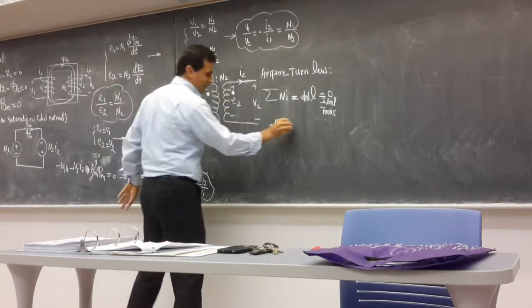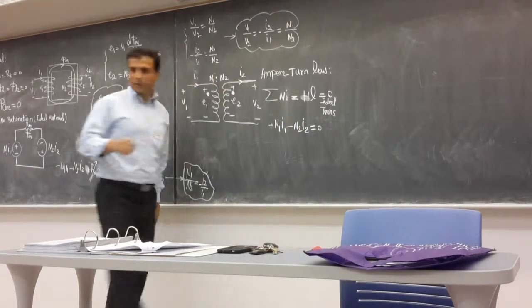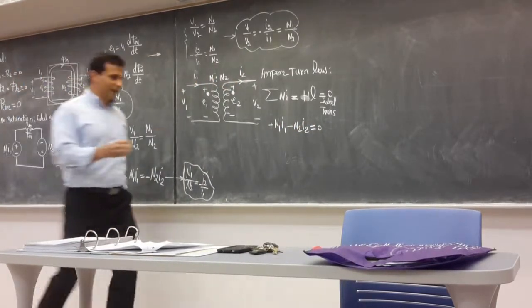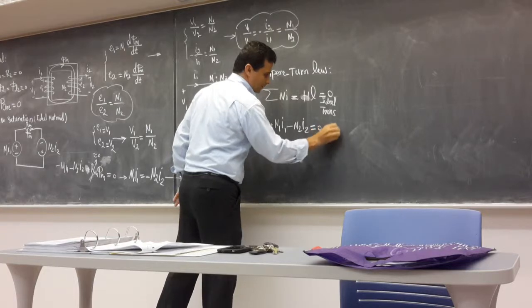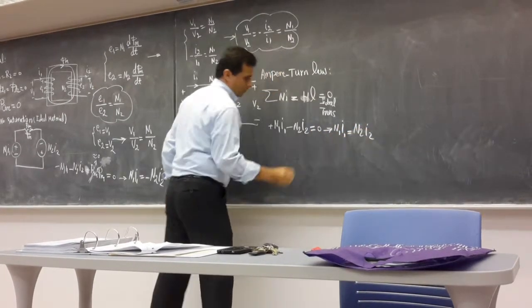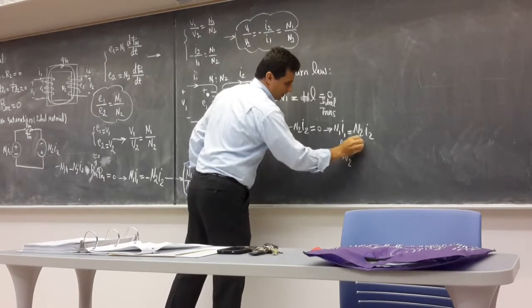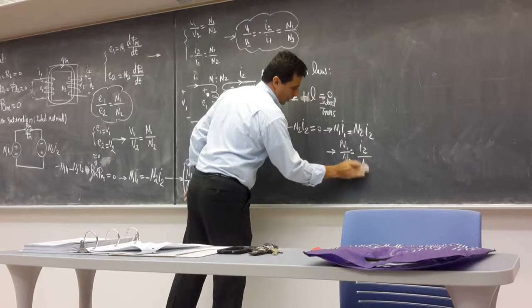It's going to be minus N2 I2 equal to 0, right? Basically, N1 I1 equal to N2 I2. Or N1 over N2 is I2 over I1.